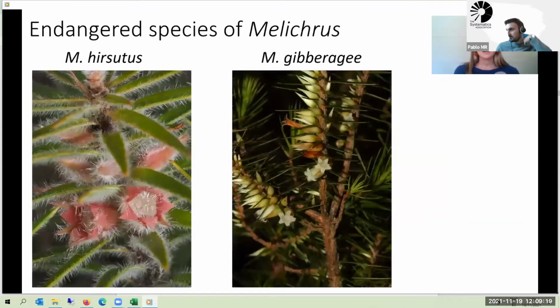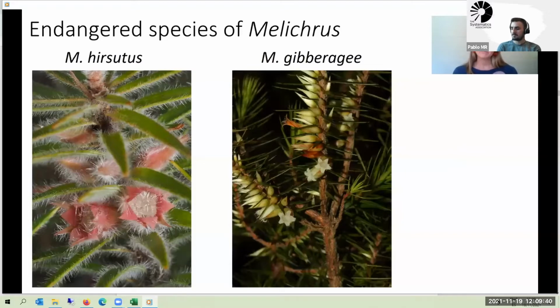So in the latter half of the last century, two new species of Melichrus were collected for the first time, a few hours drive north of Sydney. They were both listed as endangered in the 1990s, but without being validly published. In 2019, I completed the field work needed to name and describe these species.